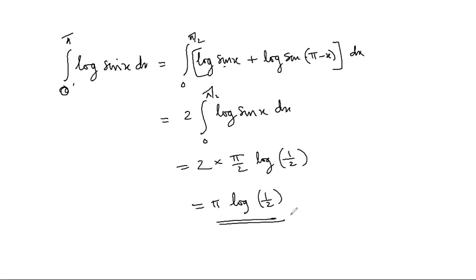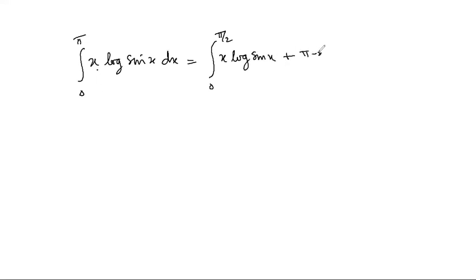Another year they asked us like this: 0 to pi x log sin x. So now what will be your answer? Again, 0 to pi can be made 0 to pi by 2 by splitting this as x log sin x plus pi minus x into log sin of pi minus x. Are you understanding? Yes, sir.